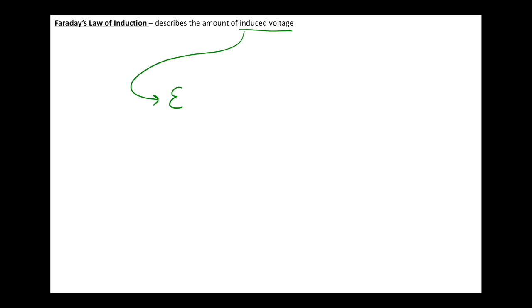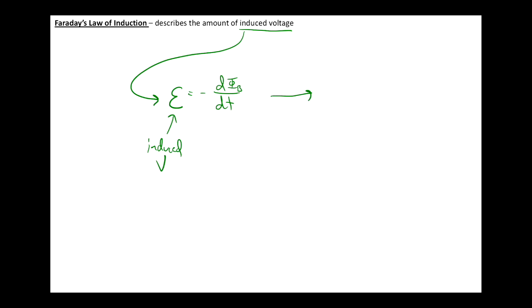So this is simply the induced voltage, and it's equal to negative the first derivative with respect to time of the magnetic flux, the time rate of change of magnetic flux. If the flux isn't changing, there's no induced voltage.